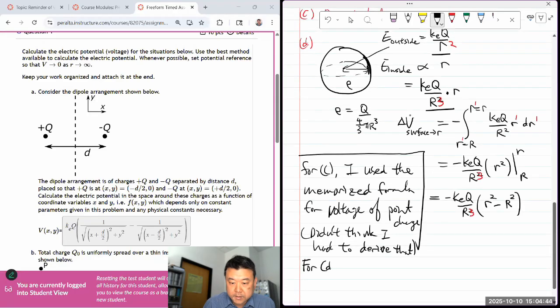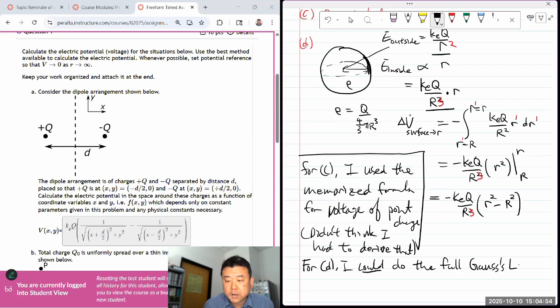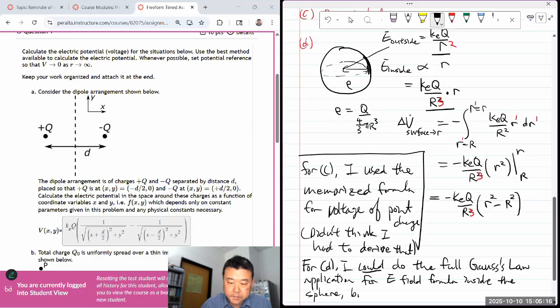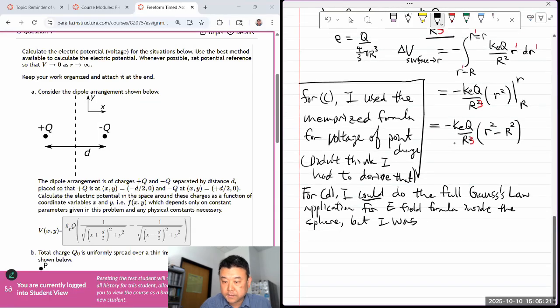For the E field formula inside the sphere, I could do the full Gauss's law application, and this is something we might do in the one-on-one meeting, but I was running out of time.